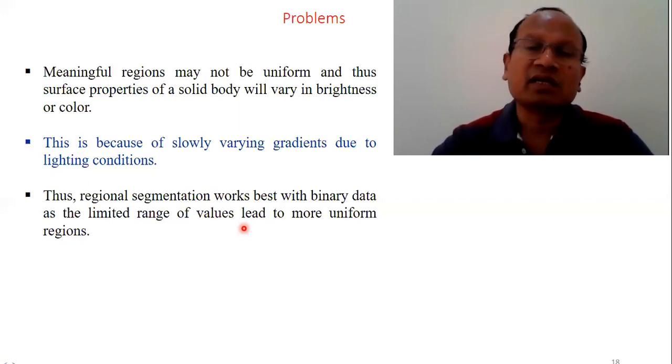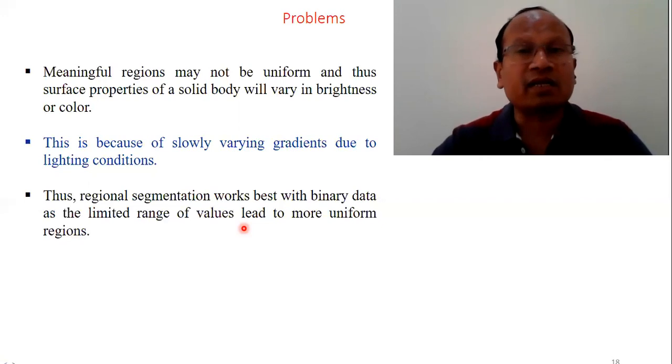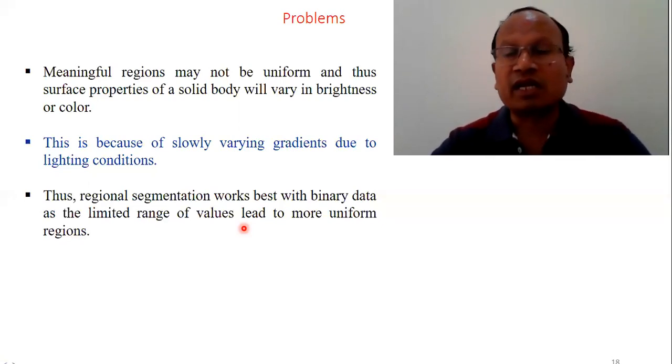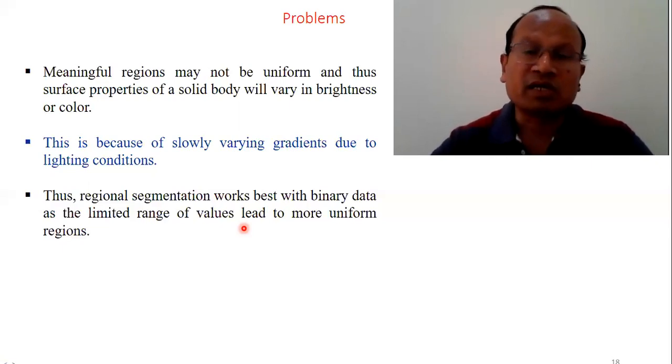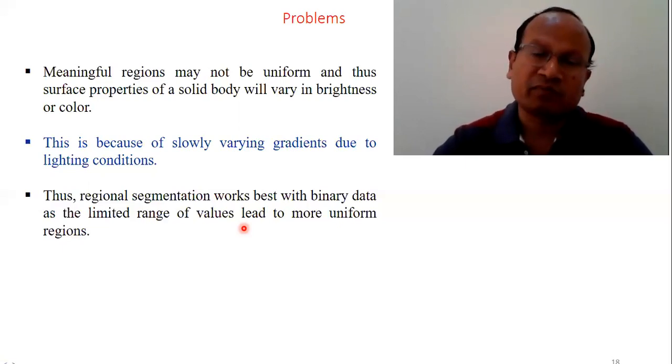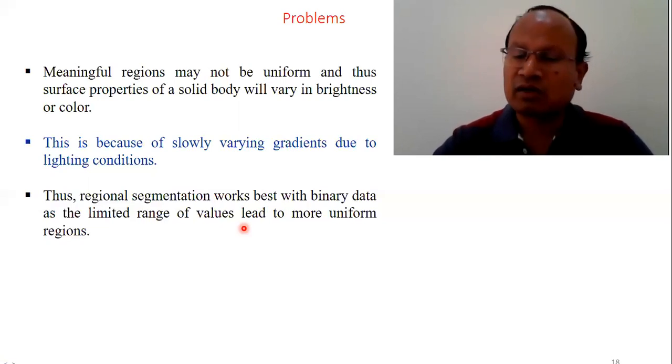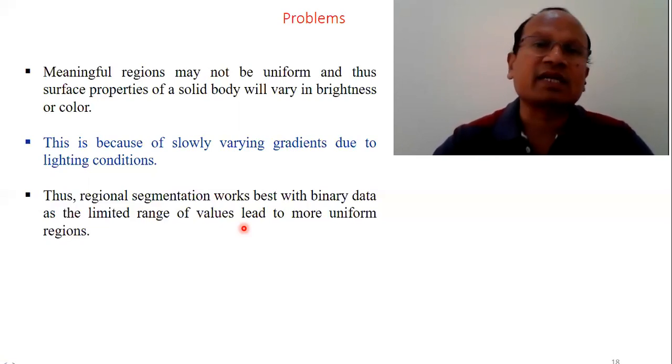After splitting, the next step starts. That step is called merging. In both split and merge, there will always be some condition or criterion which will be checked. While splitting, based on some similarity criterion, we check whether an area can be split or not. Similarly, in the merging process, we check whether merging is possible or not. When we merge two sub-regions, we check whether there is any similarity.